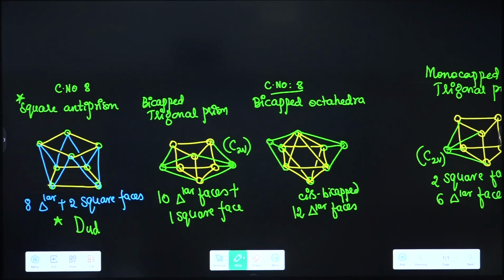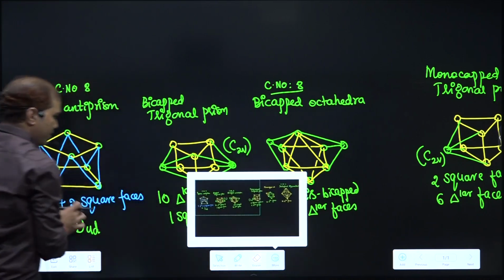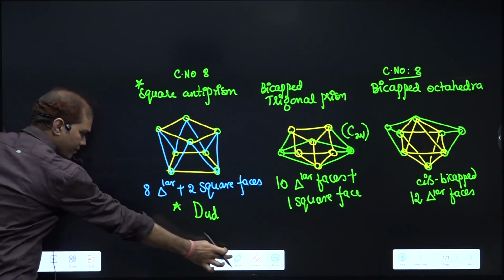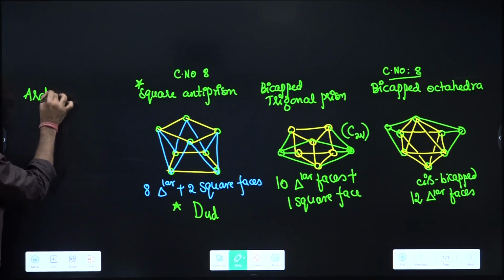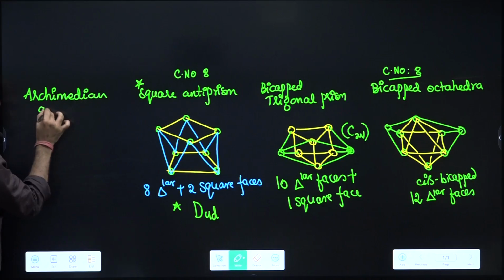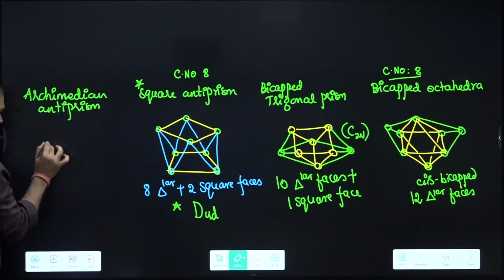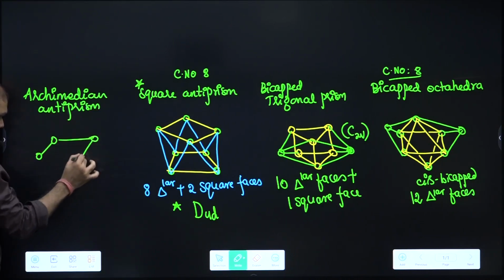What is other name for square antiprism? You call it as Archimedean antiprism.